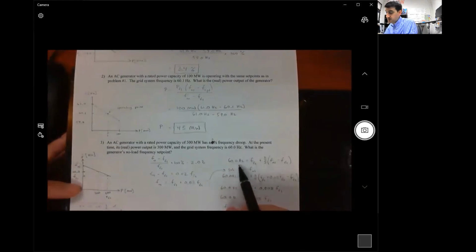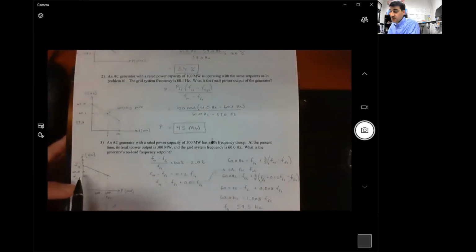What I'm doing here is saying that the system frequency, 60 hertz, is equal to this full load frequency plus 2/5, because that's what's left over. We're 3/5 from here to here. So from here to here is 3/5 of the way, and from here to here is 2/5 of the way along the curve from no load to full load frequency.